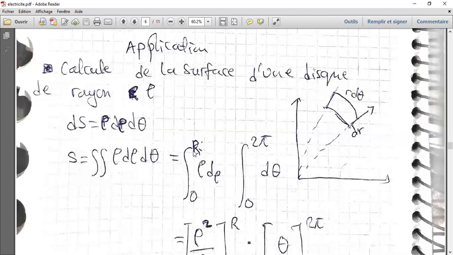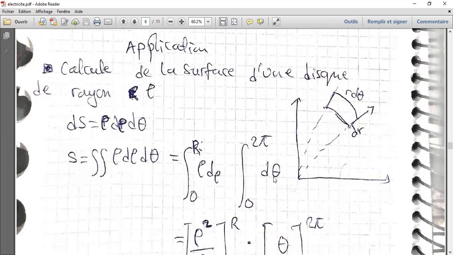So here the movement of rho will be from 0 to r, which is the maximum radius, and this radius can be between 0 and positive infinity. Most of the time you find that the radius goes from 0 to r, d rho.